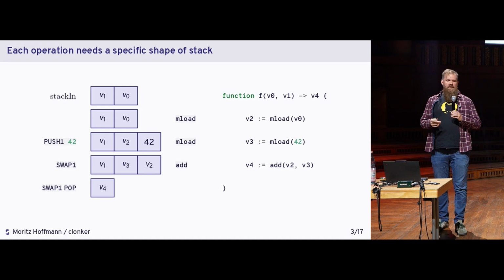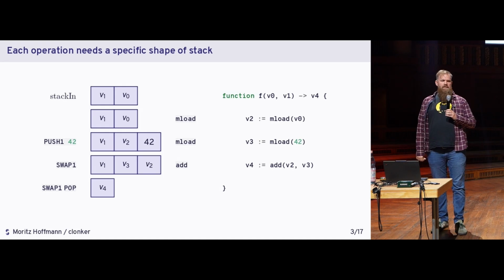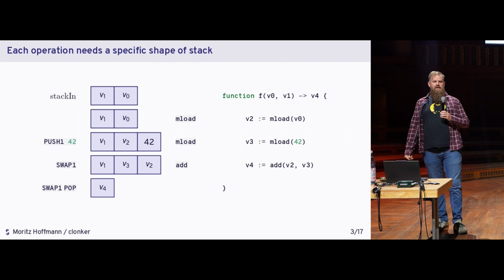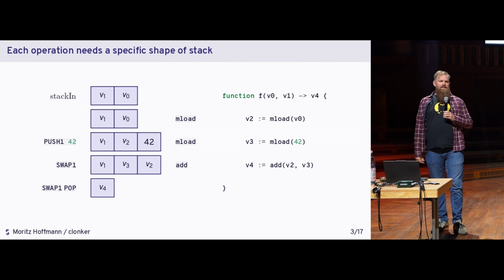So if we walk through this example real quick, we have a function f, which takes two arguments, v0, v1, and it returns v4.